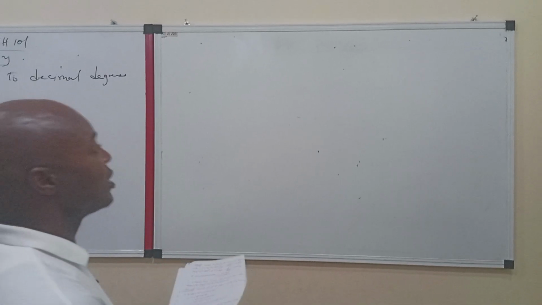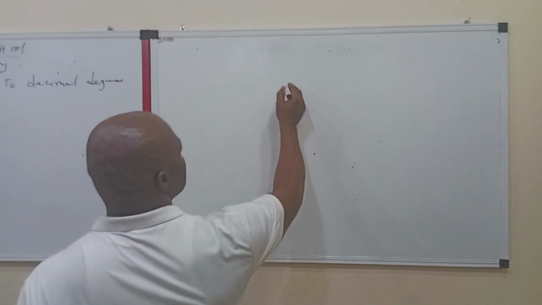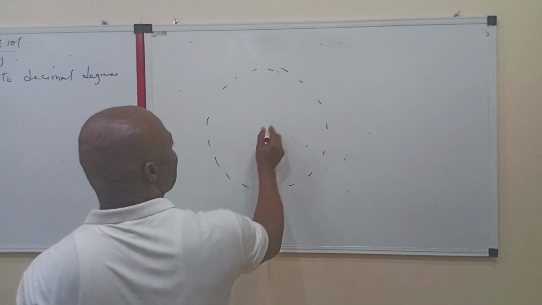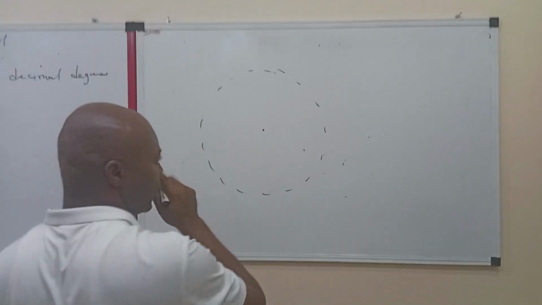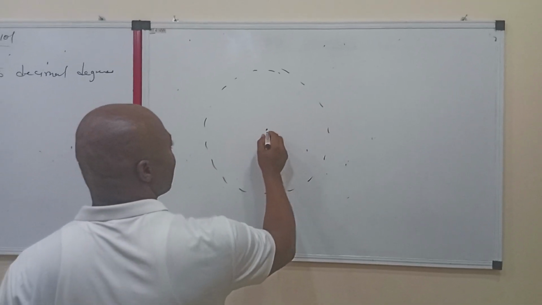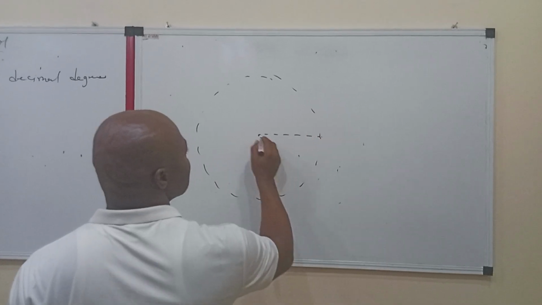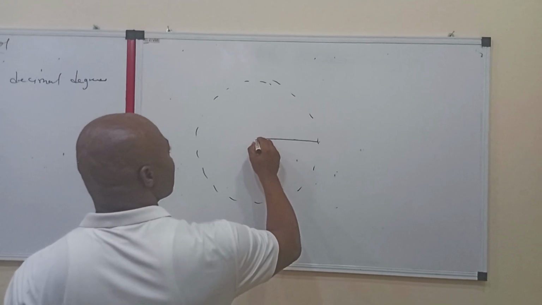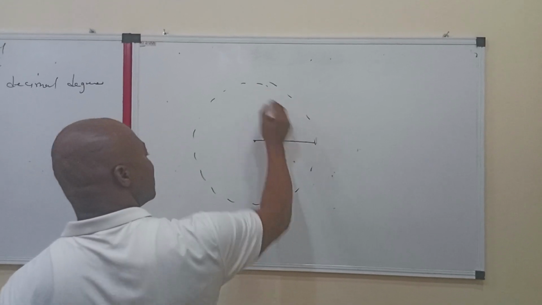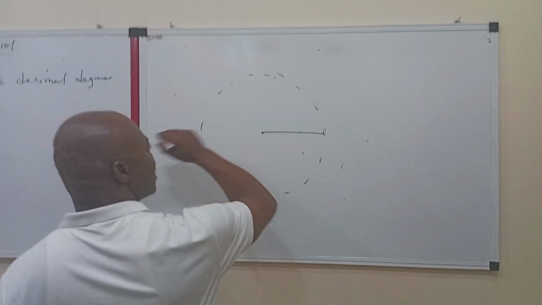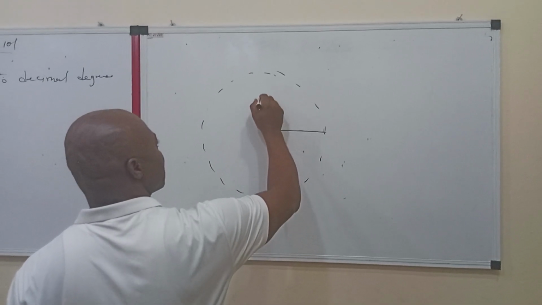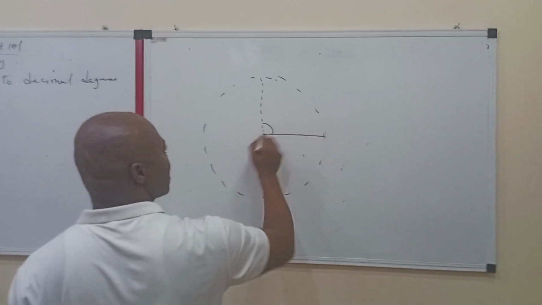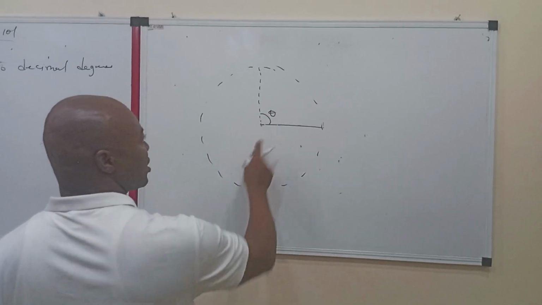Now, for that of radians, if we consider this as a circle, assuming that here is the center, and this is the starting point, we move this line and sweep it as we did for degrees, and it has subtended some angle, say theta.